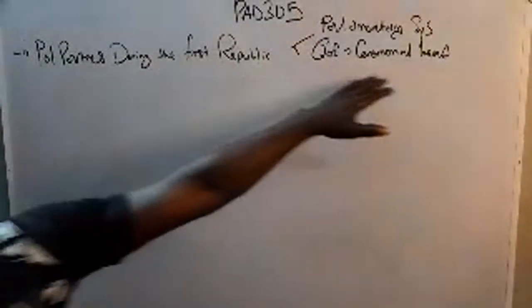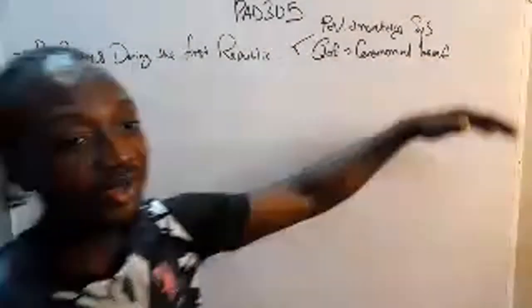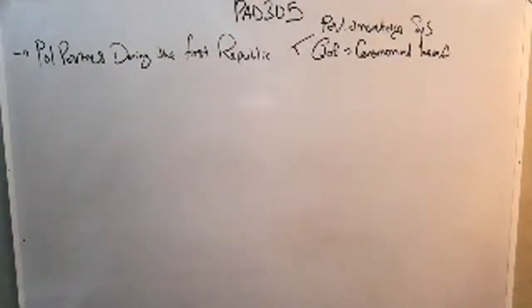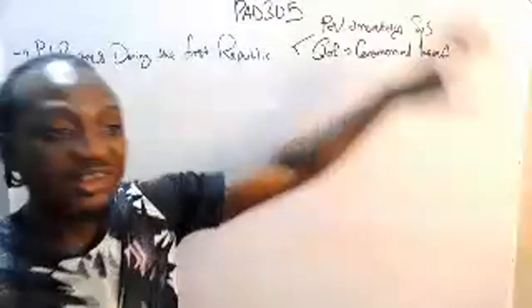We have the ceremonial head of state, and we have the head of state itself. The ceremonial head of state is different from the head of state. The ceremonial head of state usually attends to ceremonial activity, while the head of state makes decisions and the like.